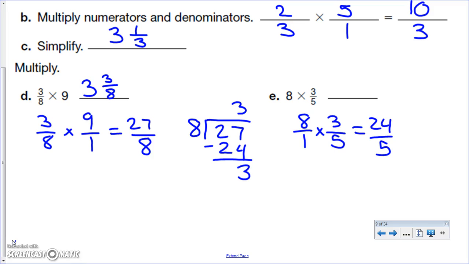Now we're going to divide and figure out how many times 5 goes into 24. We know 5 goes into 24 4 times, and that gives us a remainder of 4. So our answer is going to be 4 and 4/5.